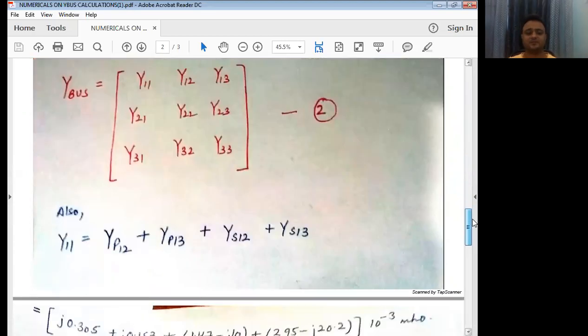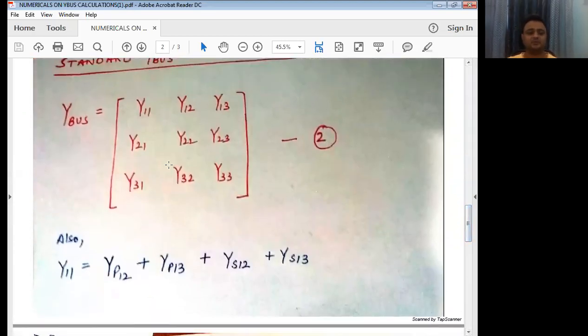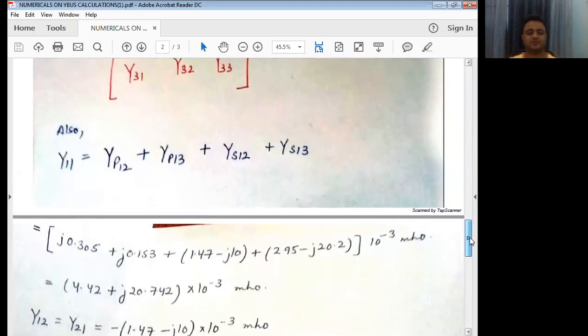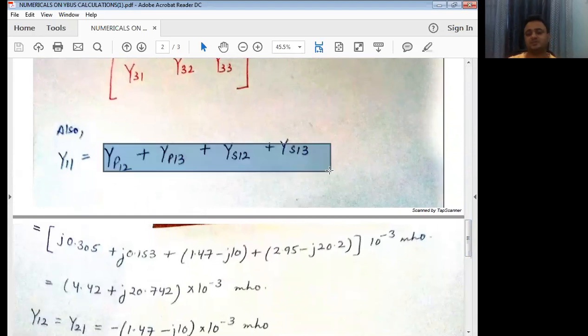So one by one we have to calculate. Now you have to calculate Y11, Y22, Y33, Y12. When we look at the first node, Y11 equals the summation of these four terms. Why there is a summation of these four terms, we have already studied in our derivation or theoretical concept.